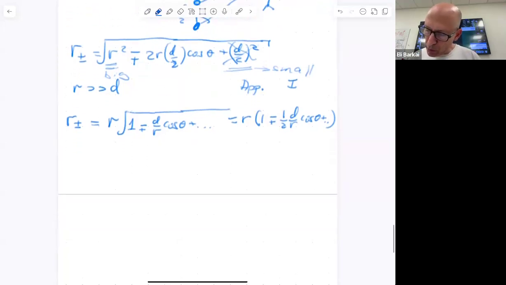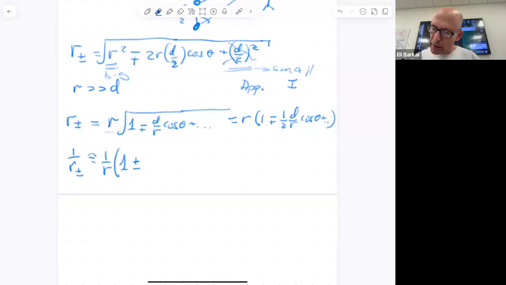Well, we'll soon think about it. What is 1 over R plus and minus? I just have to take this and do another Taylor expansion. So it will be 1 over r, this is from here, and then I have 1 over this square root. Then I need to expand it again, and then I have 1 plus minus.